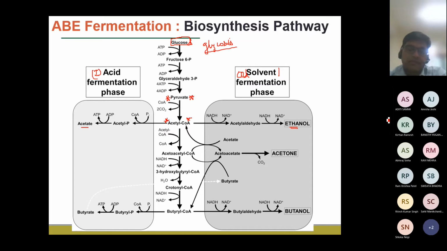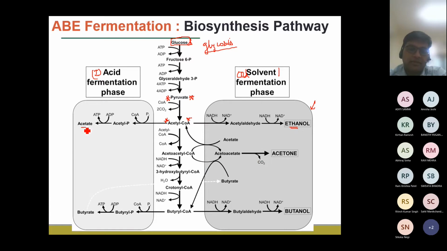That means they are required at a very high volume, and they generally have a low cost. The production of the solvent can be tuned by how we add different factors or components in the fermentation media.